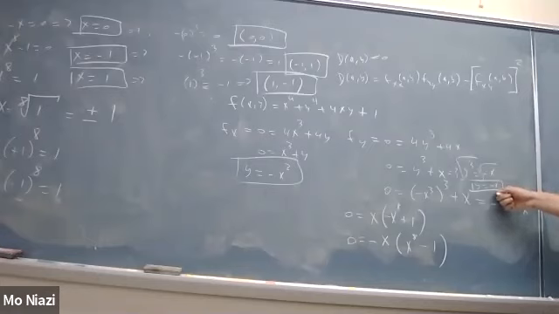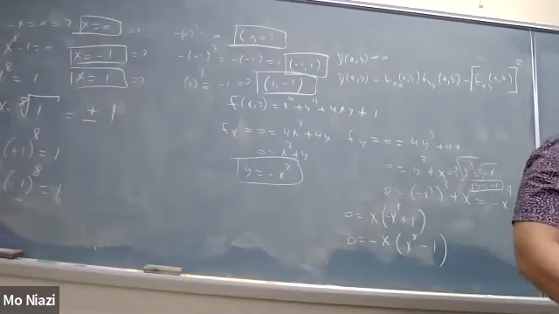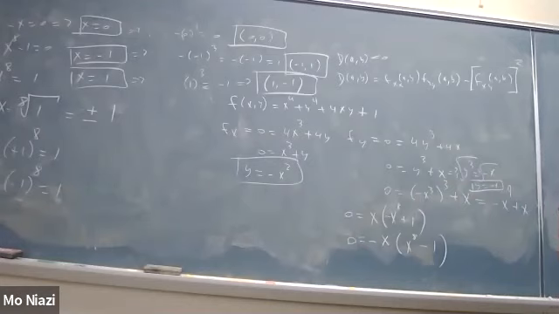When they plug in a negative 1 for x, they should be getting a positive 1. I'll have to look into why they're getting those results.